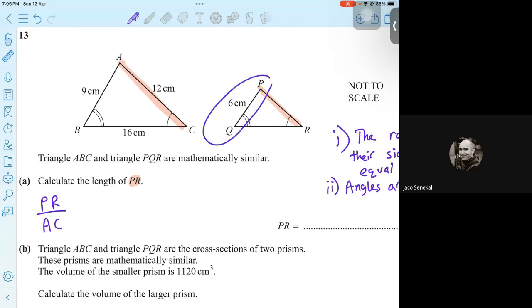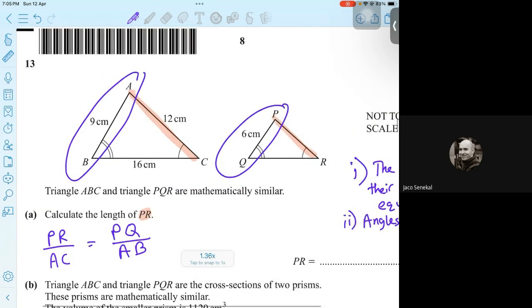So I know this side and I know this side, so it should be equal to PQ over AB, right? Are you all with me? So we are doing smaller triangle over the larger triangle.